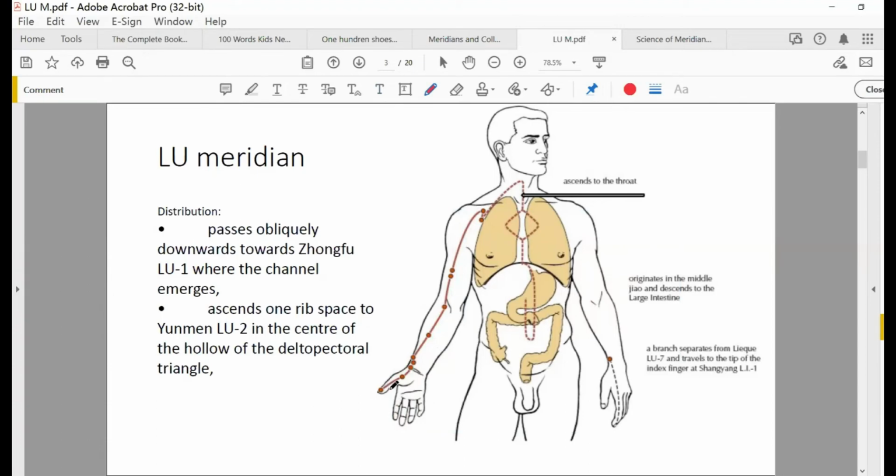Yeah, that's the lung meridian. Right, lung meridian. It ends at the thumb. So that means the meridian is here. You can't see because it's on the medial side.